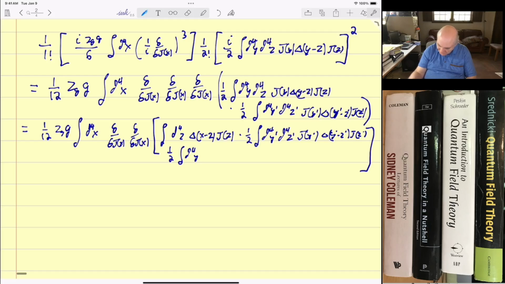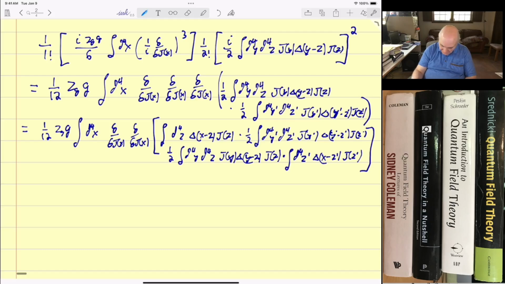So I'm just going to get twice this expression, but I'll do it explicitly, times, and now, when I take the functional derivative of these two terms, it's exactly what I got the first time, except I have prime variables. So I'll just write it down: d4z prime Δ(x minus z prime) j(z prime).